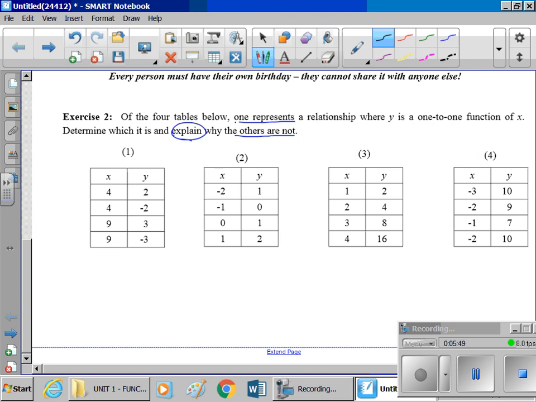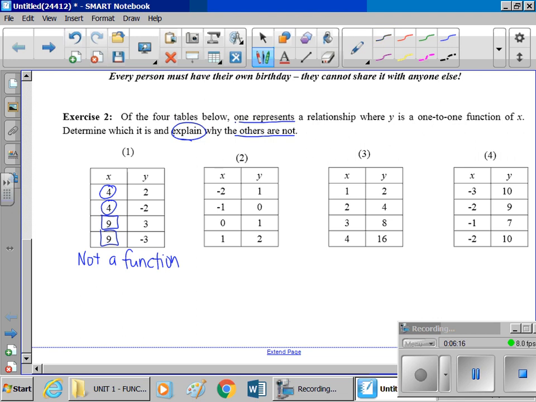We have to first determine if it's a function. When I look at exercise number 1, choice number 1, I can see how the 4's repeat here and the 9's repeat here. So this is not a function. Therefore, it can't be one-to-one if it doesn't even meet the criteria that it's a function.